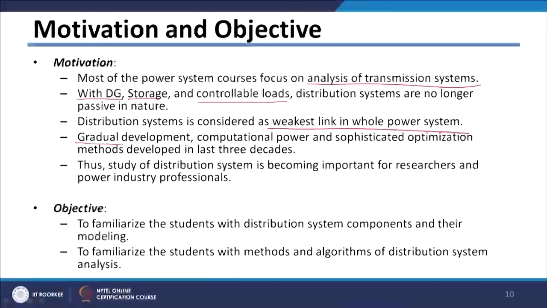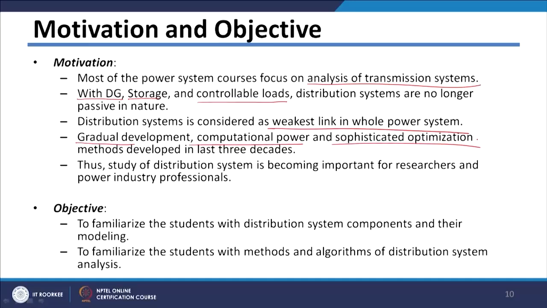So, almost we can say 60 to 70% losses happen in distribution system. Also, if you observe the last 3 decades, there is gradual development in computational power, and gradual development in optimization algorithms. Nowadays, many sophisticated algorithms are available for optimization which can be used for analysis purposes.